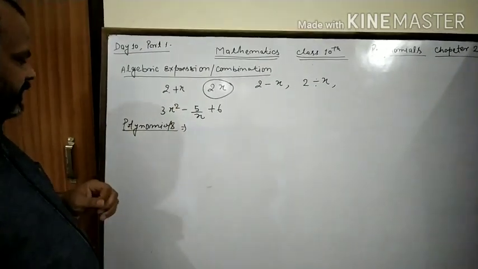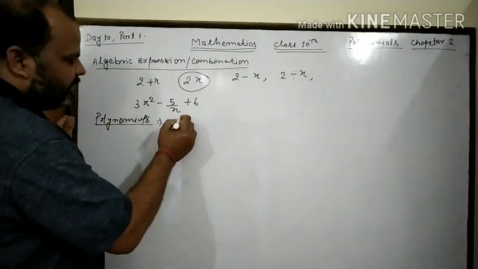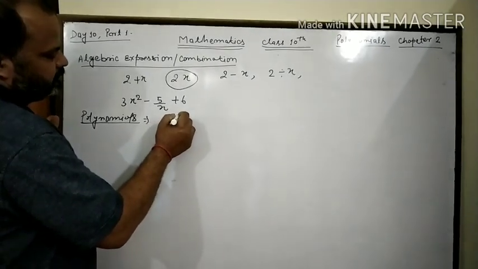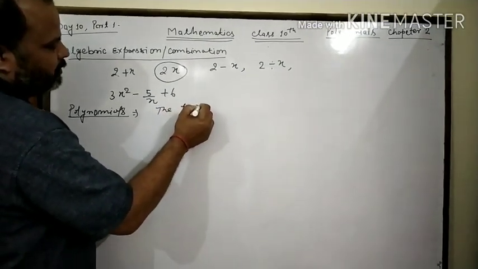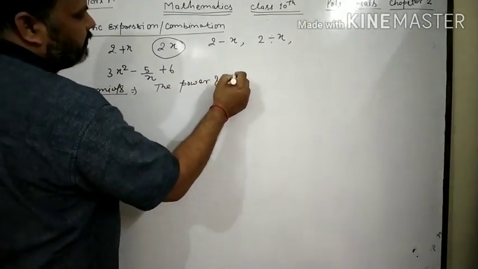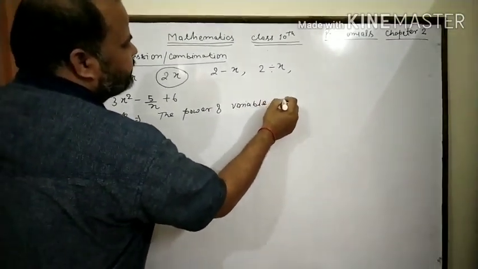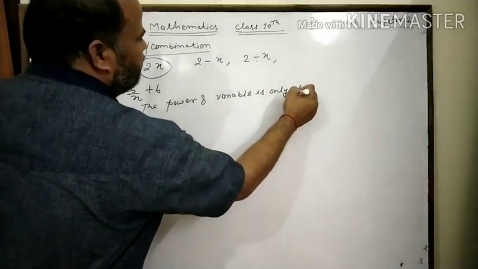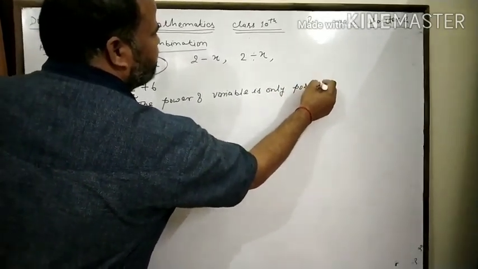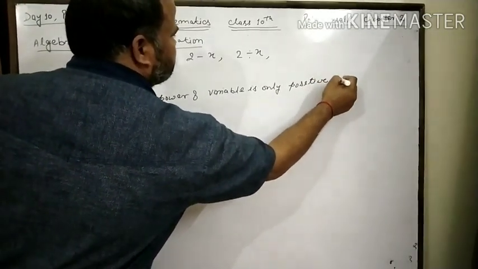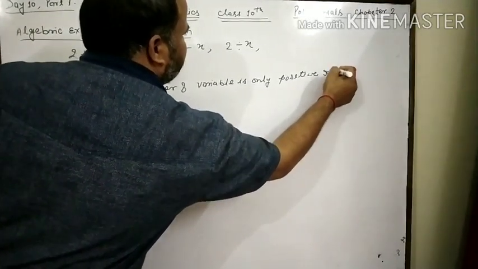In a polynomial, the power of variable is only positive integers.